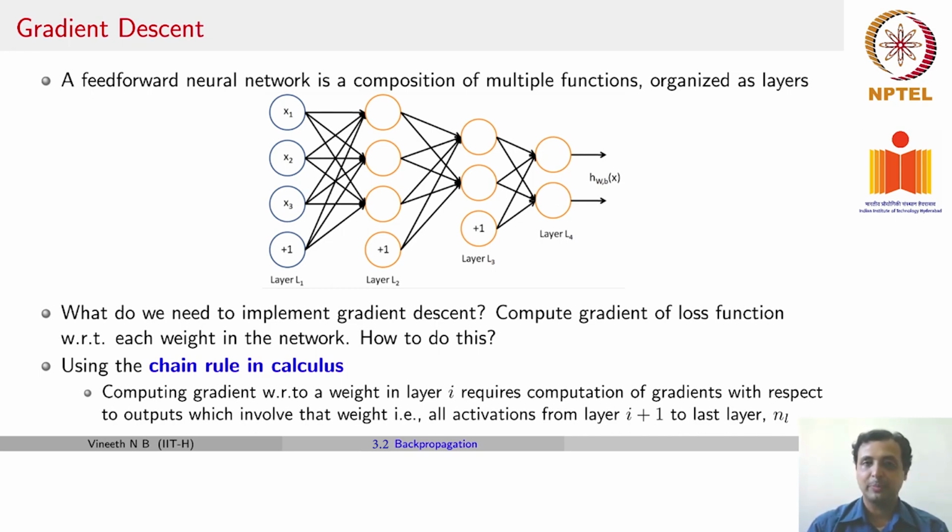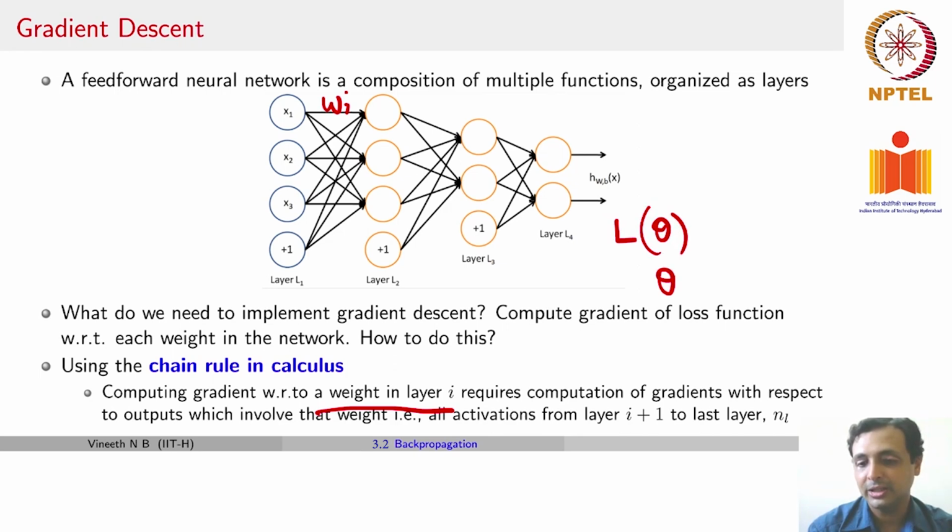Computing the gradient with respect to any one weight in a layer i requires the computation of the gradient with respect to outputs which involve that weight in every layer from that layer till the output. For example, if you had a certain weight wi here, remember the loss function is defined at this particular point, loss of theta, where theta is nothing but a set with all w's and b's.